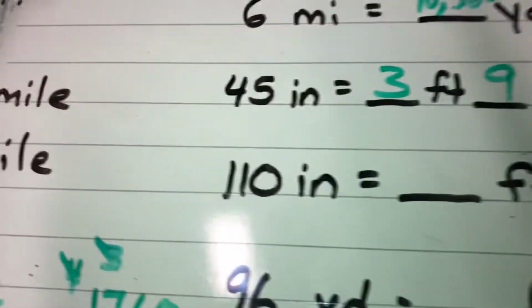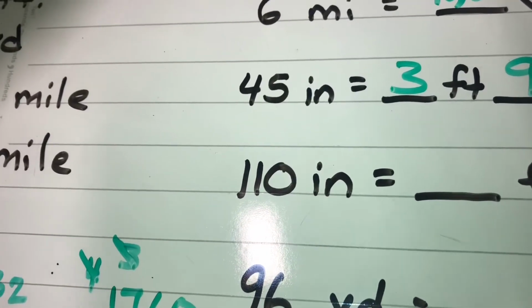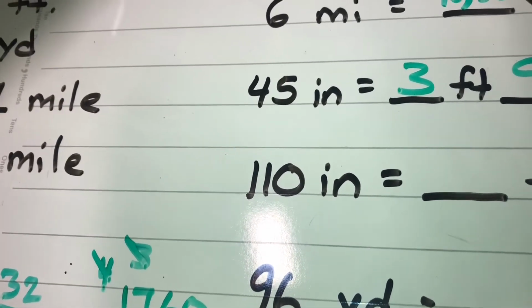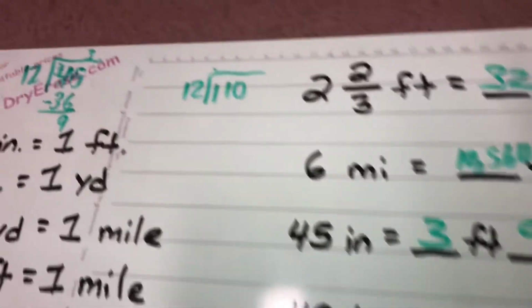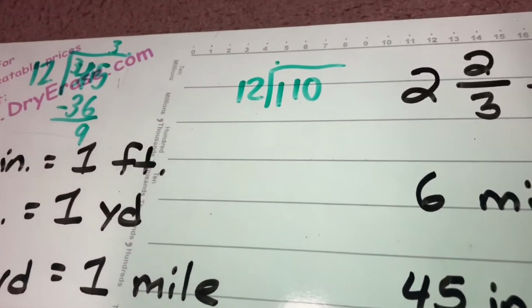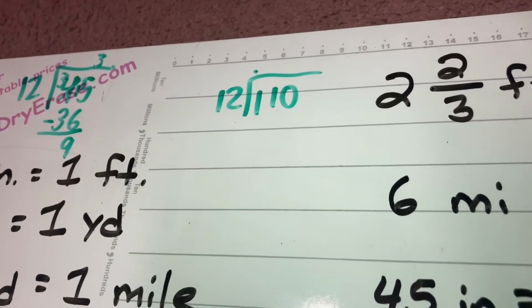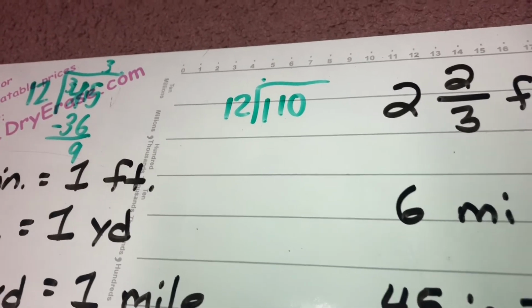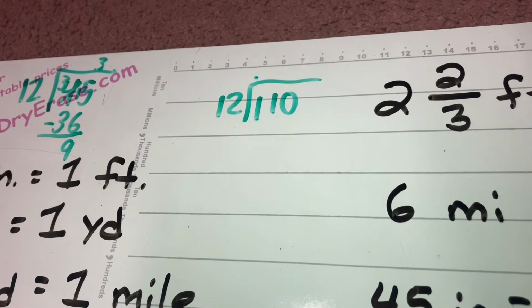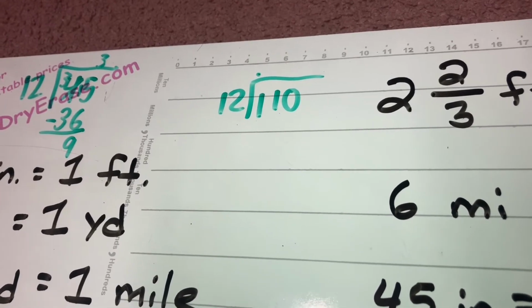So I'm coming over here. 110 divided by 12. Well, so I think about my 12 times tables. I know that 12 times 7 equals 84. I know that 12 times 8 equals 96. I know that 12 times 9 equals 108.